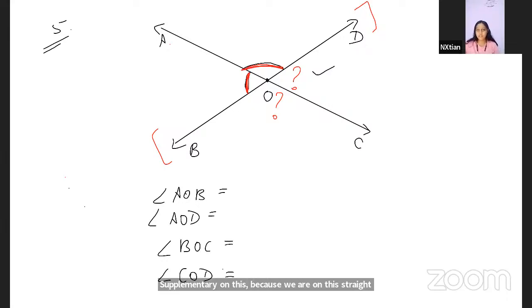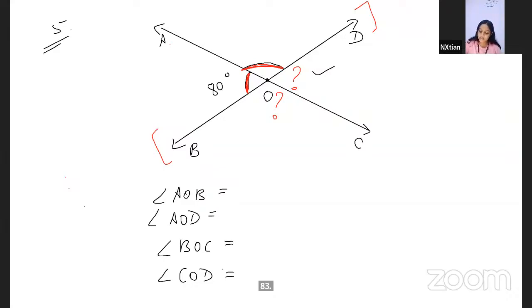So their total will be equal to 180 degrees. Suppose now that angle BOA is 80 degrees and AOD is 100 degrees. So now we have BOD on a straight line, supplementary angles, whose sum is 180 degrees.